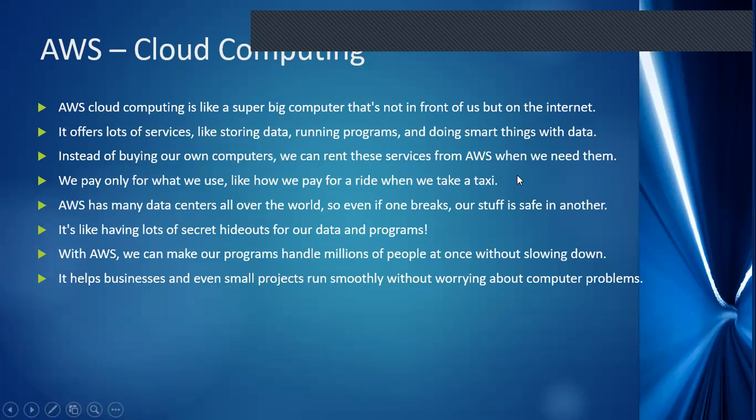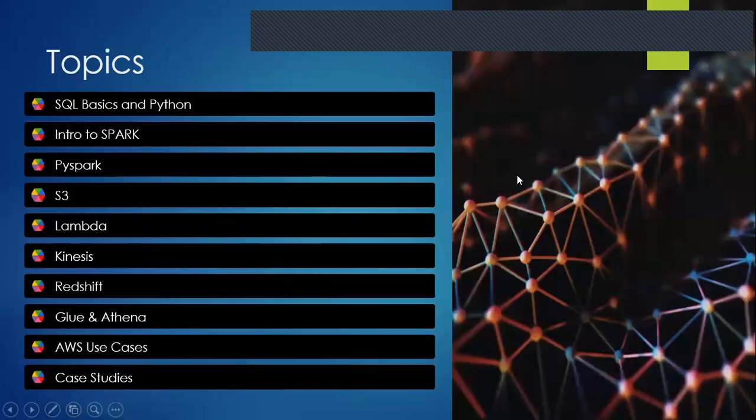And with the help of cloud computing, even small businesses that don't have that amount of budget to buy servers and hire people can quickly start building their projects. They can quickly start building their solution on AWS. They just need to pay for whatever they are using. So that's the beauty and the importance of cloud computing. So having said that, we have discussed so much about AWS, we have discussed so much about data engineering.